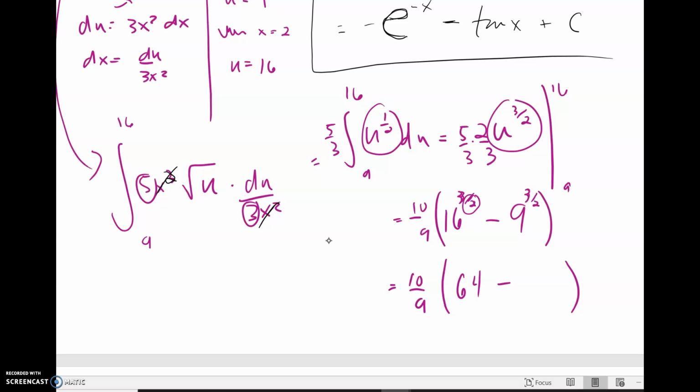And raise 3 to the 3rd, you get 27. So I'm looking at 64 minus 27, which is 37, times 10/9, and that should be 370 over 9.